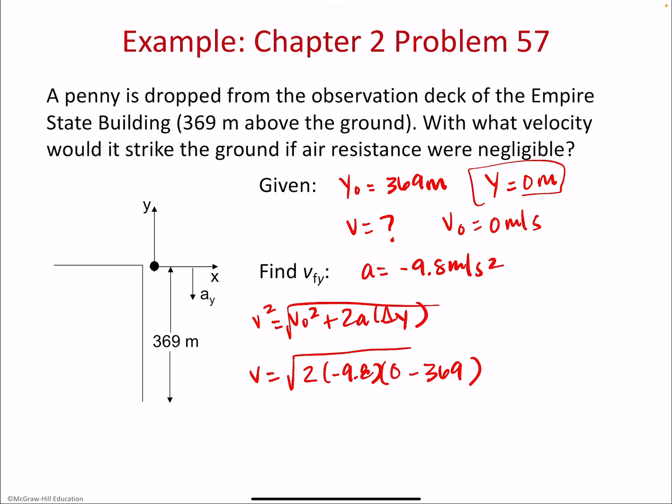A negative times a negative is going to give you a positive. If you have a negative under the radical, it's going to give you an error. If you've forgotten to do that, you might check your signs.